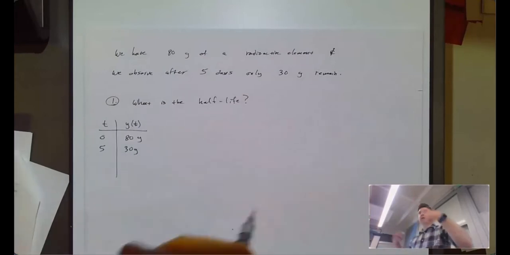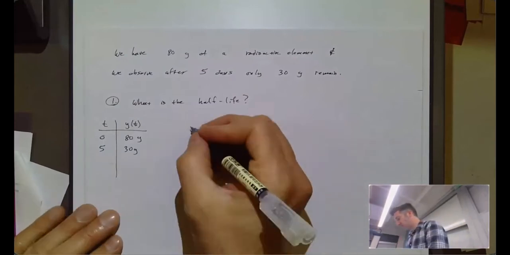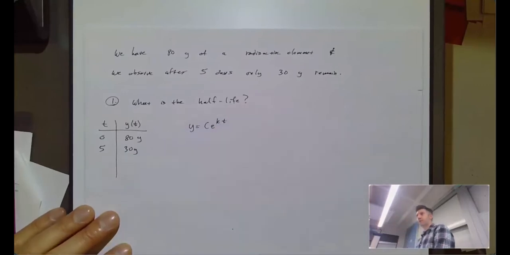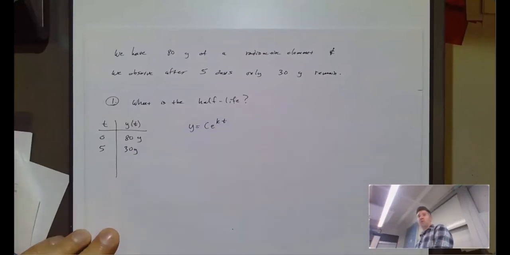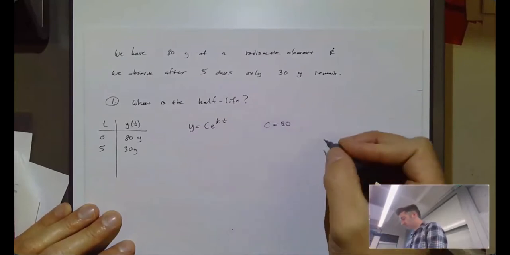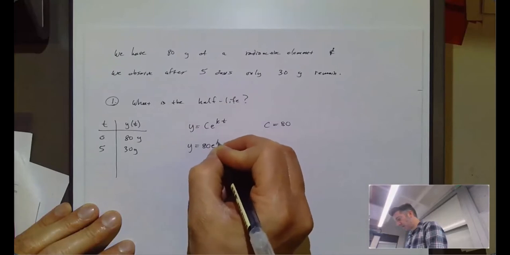If you have 2 data points, that's always enough information to find all the constants in your model, which is y equals c e to the kt. You can either do the work, or we can just know that c should be the amount you have at time 0. So we're going to say that c is equal to 80. So really we have y equals 80 e to the kt.